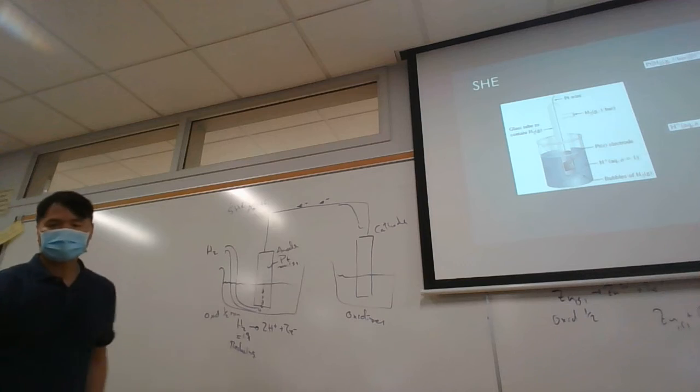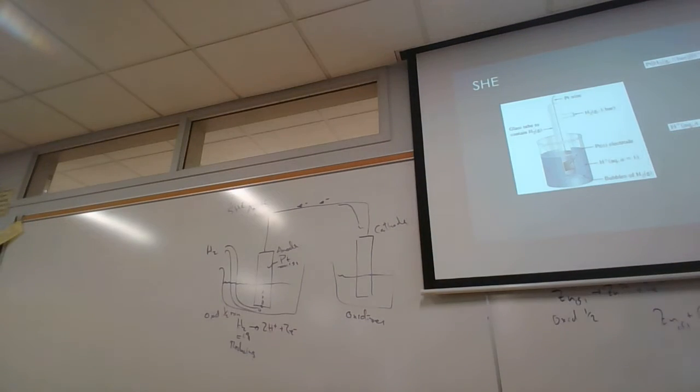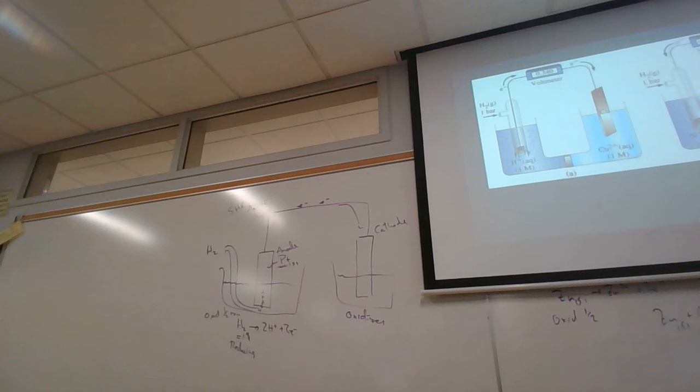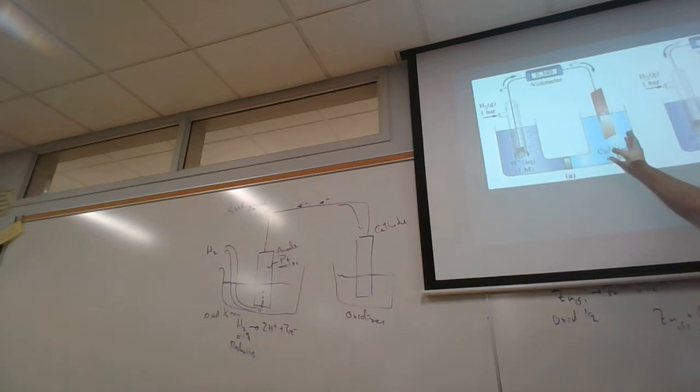So let's pick an oxidizer to use. We're going to pick copper 2 ions. Copper 2 ions are enough to oxidize the hydrogen gas. So if I put copper 2 and copper metal here, that would be a good cathode.